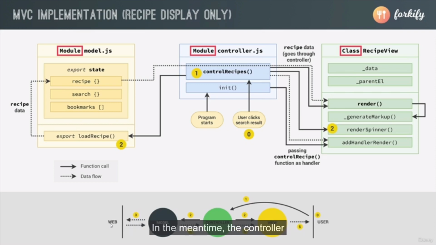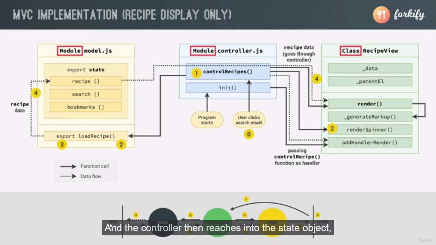In the meantime, the controller also calls the load recipes function in the model to fetch the recipe data from the Forkify API. Now, the model also contains a big state object that we export from the model. And this state will contain all sorts of data, like the current recipe, search results, bookmarks, etc. But anyway, as the data arrives, it will be stored in this state object.